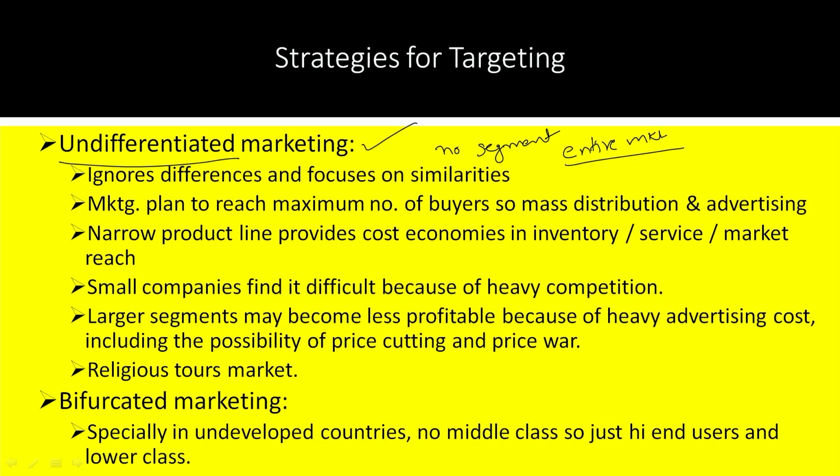Here the company does not do segmenting; it ignores all the differences existing in the market and focuses on the similarity. Like small companies which are into FIT, they simply do not do this differentiation or segmentation of the market.